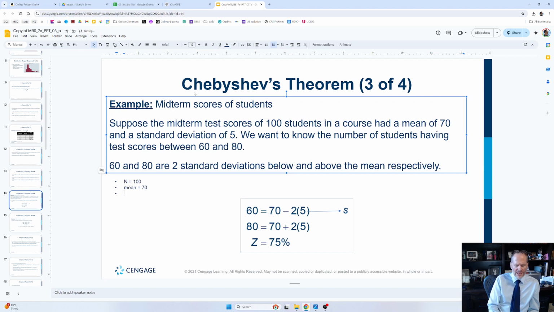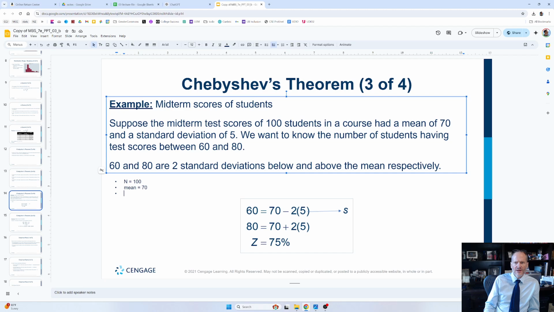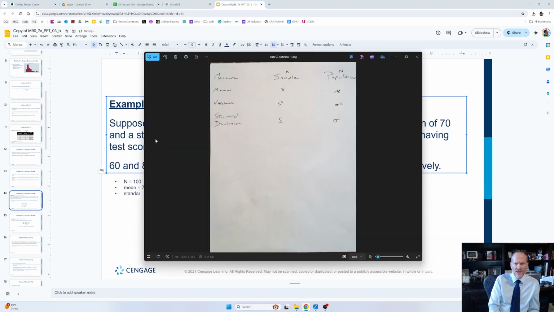And the standard deviation, if we look at that little sheet, which shows us our notation, I've added standard deviation on there. So for a sample, standard deviation is S, variance is S squared, mean is X bar. For a population, capital N, mu, sigma squared, sigma. But here I can't do the symbol for standard deviation.